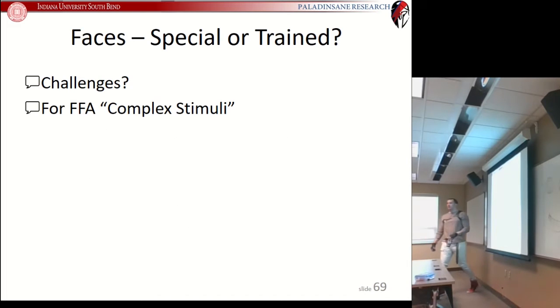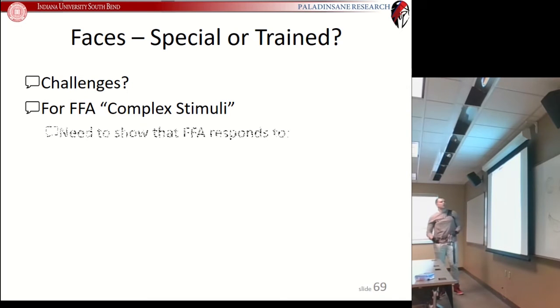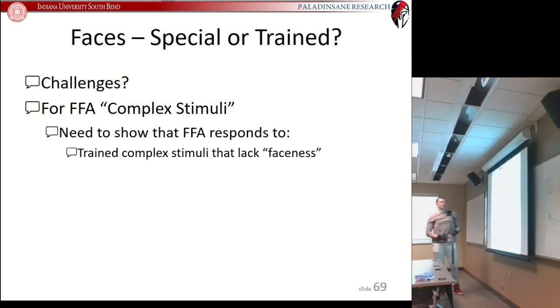If you were trying to determine, on the other hand, whether it is for complex stimuli, then you need to show that it does respond to trained complex stimuli that lack faceness. So if you can come up with it, let me know, and we'll see if we can put this issue to rest.